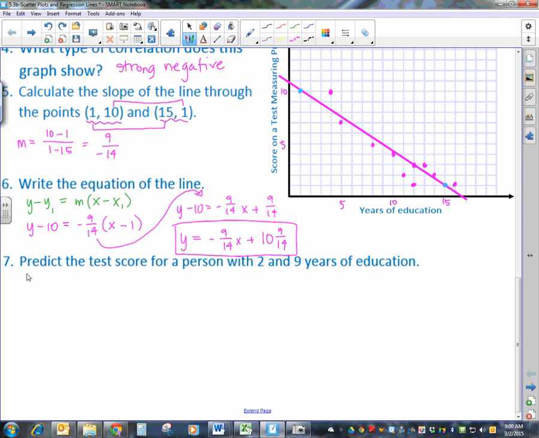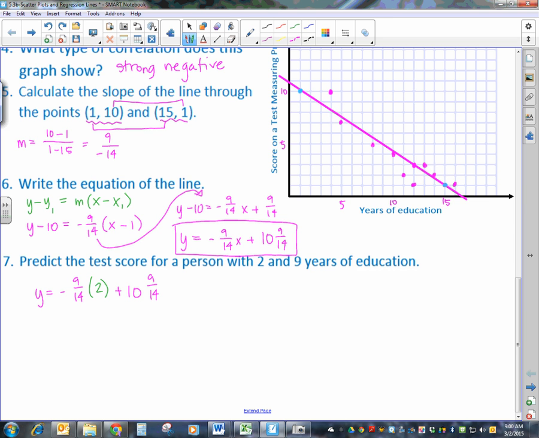Now, predict the test score for a person with 2 and 9 years of education. So a person with 2 years, a person with 9 years. So you're going to take that equation, y equals negative 9 fourteenths times 2 plus 10 and 9 fourteenths. That's my 2 because I'm plugging in for x.